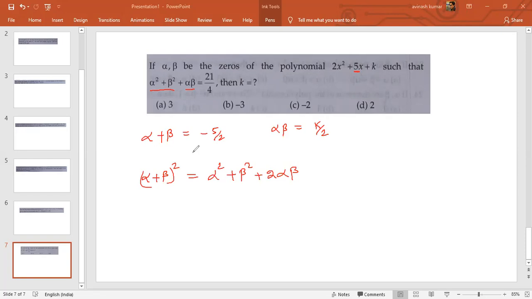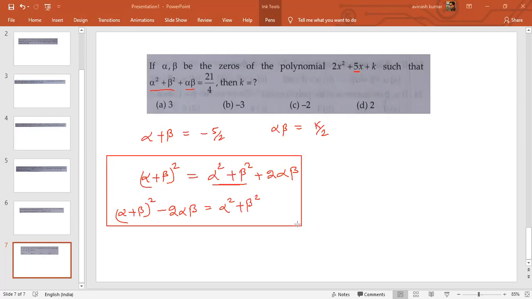So from here, if I want this value, we can write alpha plus beta whole square minus 2 alpha beta, and that will be equals to alpha square plus beta square. We can write this from the formula. Yes, sir.